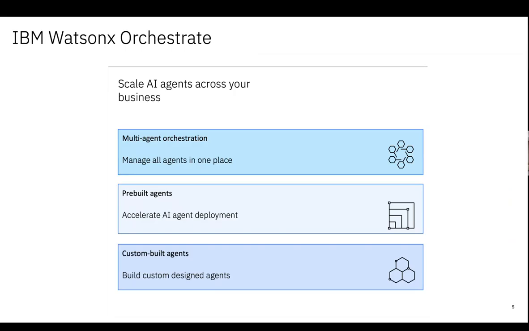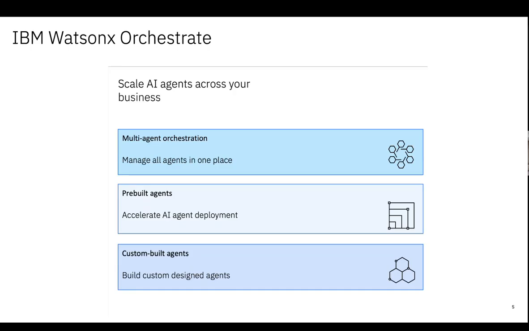Jumping on to what IBM is doing, IBM actually has the Watson X series of software suites. And the recent addition to Watson X is called Watson X Orchestrate or Watson X Concert, where we actually want to provide a platform or a software solution that helps you to scale AI agents across your business initiatives, right?